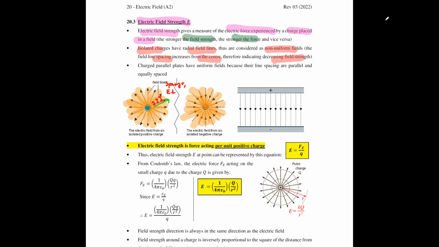But when you're talking about charged parallel plates, the third diagram here, you can say that the field is uniform. They have constant field strength because the line spacings are always parallel and equally spaced. You will notice that all your lines are just parallel with equal spacing.